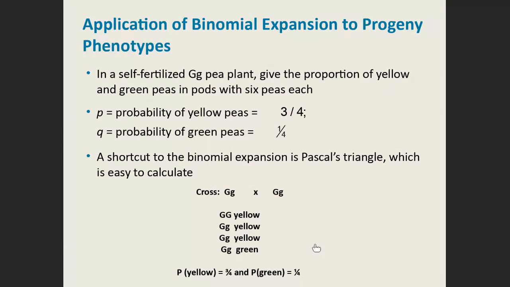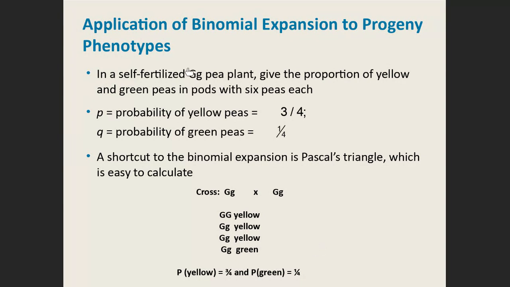Now let's look at another example that is slightly more complicated, but you'll see now that you've seen what you've seen, it's not going to be too difficult. And that's using a cross that we talked about last time.